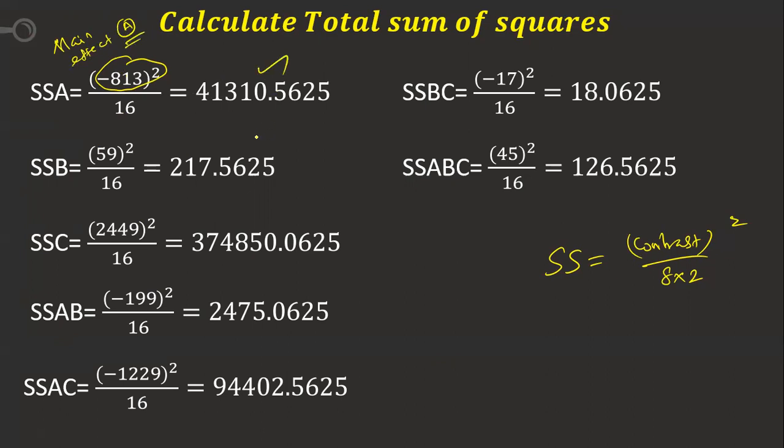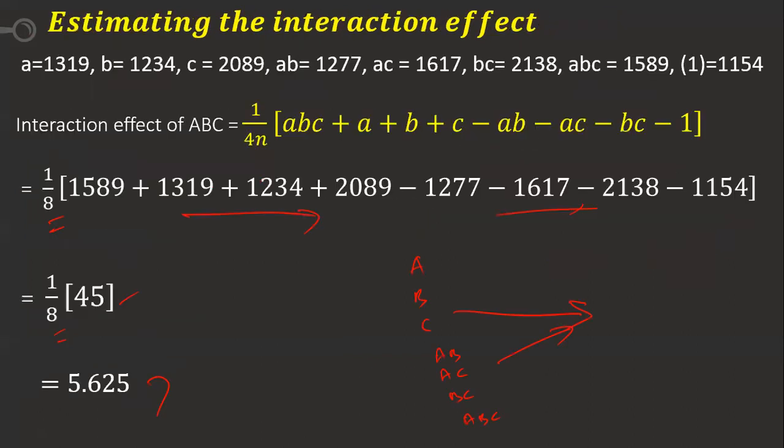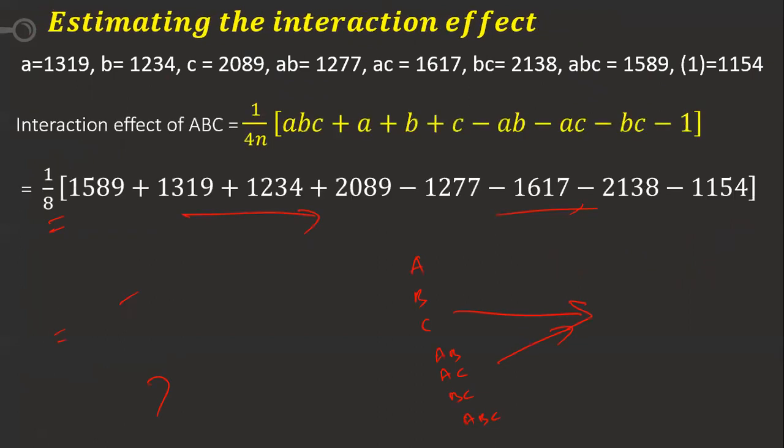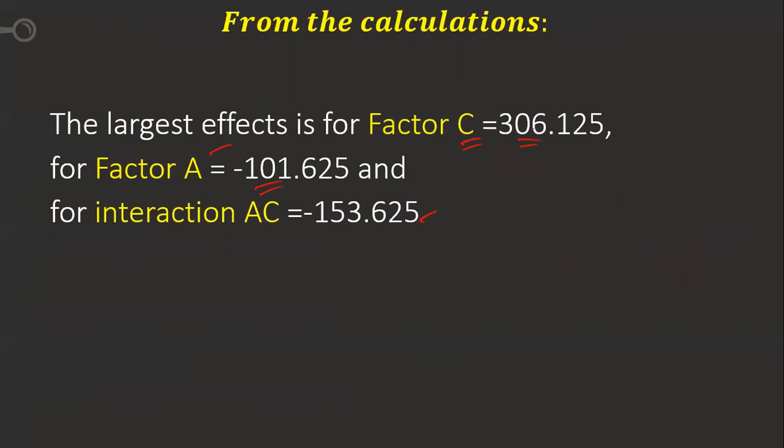So once I calculate, I am going to tabulate these values here. If you want, I can show where this 813 is coming from. We'll do it for C, then you'll understand.